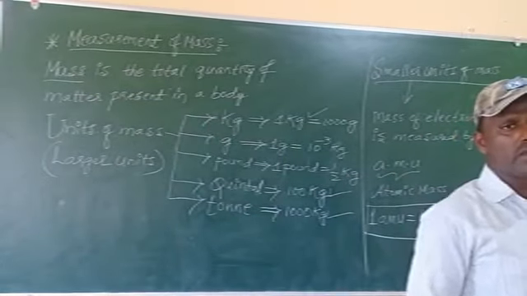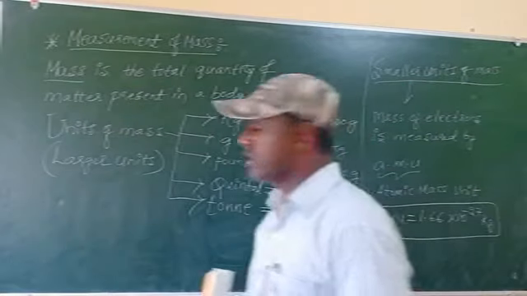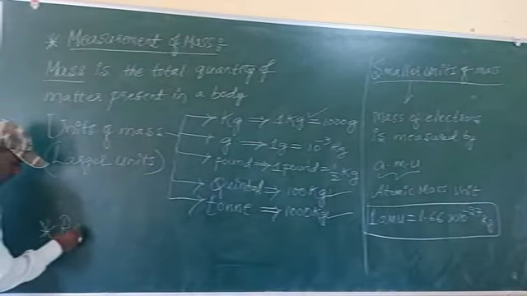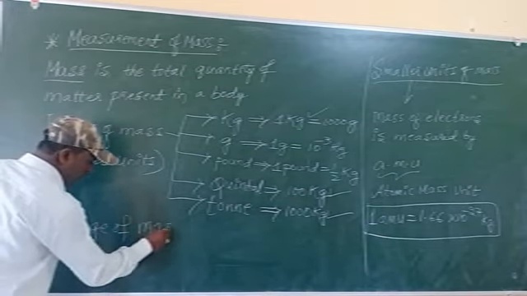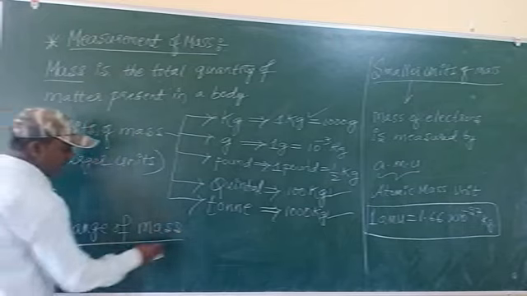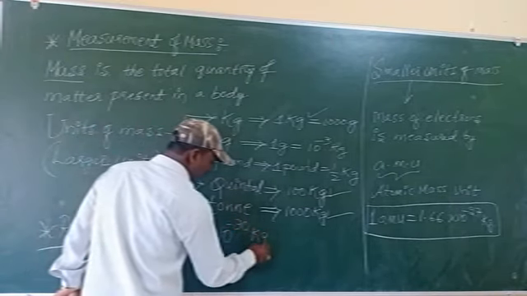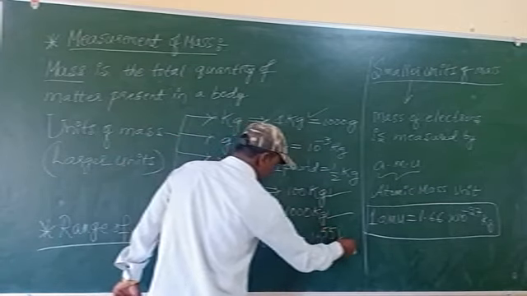Smaller units: the mass of an electron is usually measured in AMU. Now the range of mass. What is the range of mass? The range of mass is 10 to the power of minus 30 kg to 10 to the power of 55 kg.